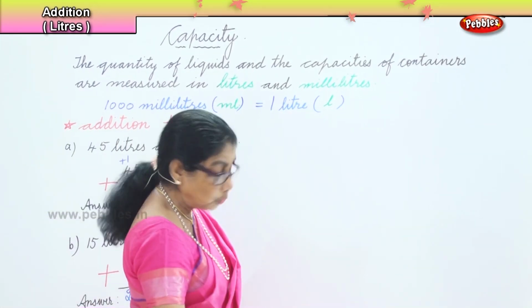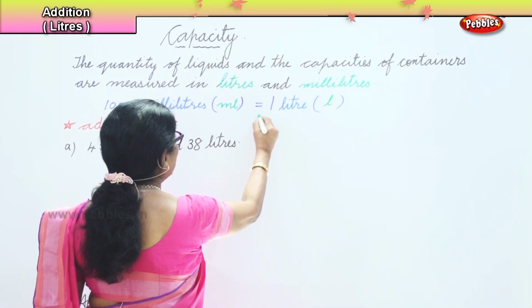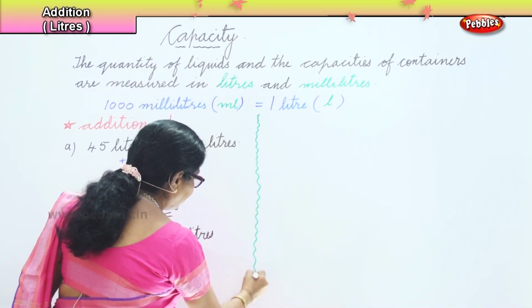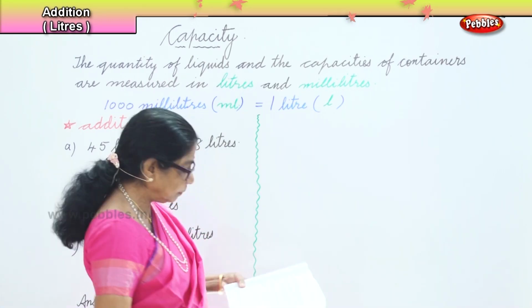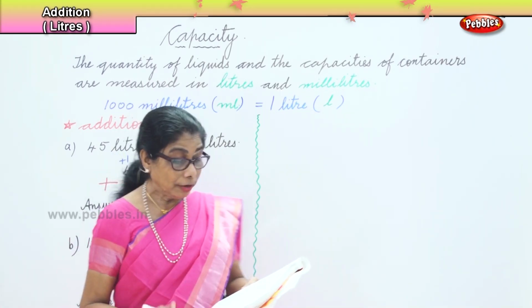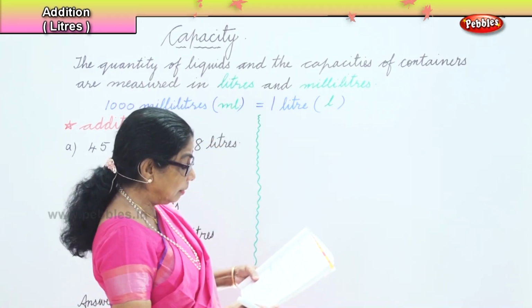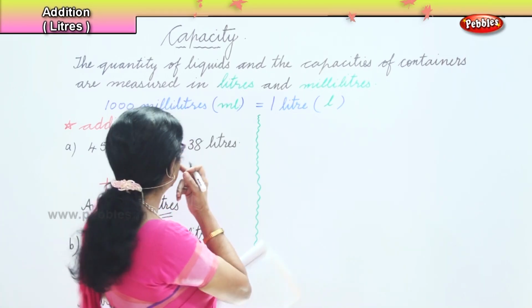Okay, now let's do a couple of sums more. The next sum that I'm going to give you is 45 milliliters and 65 milliliters.